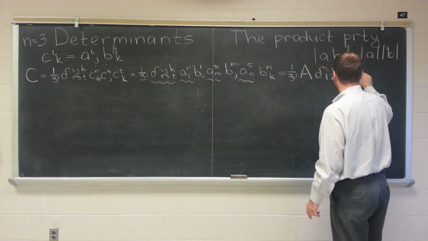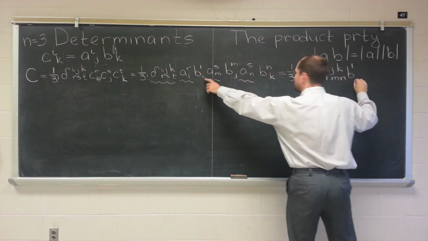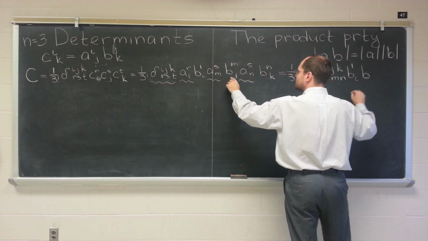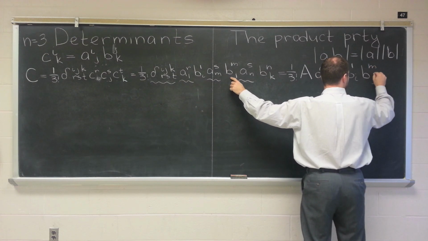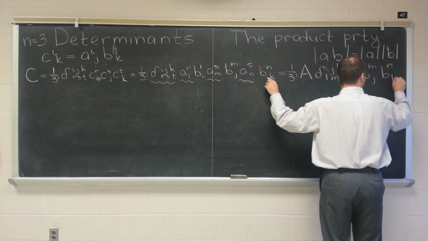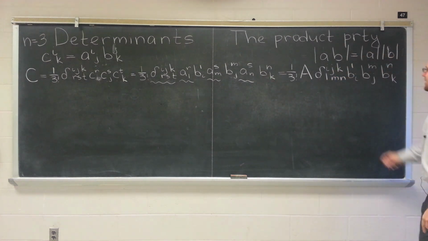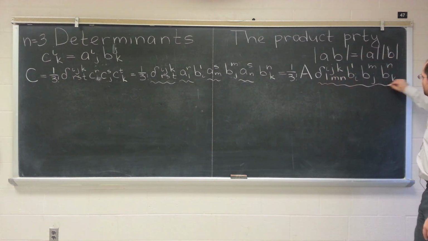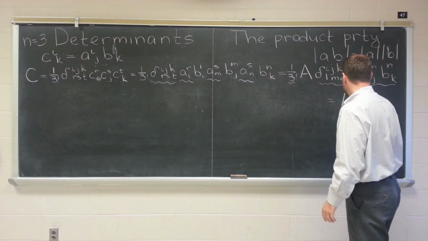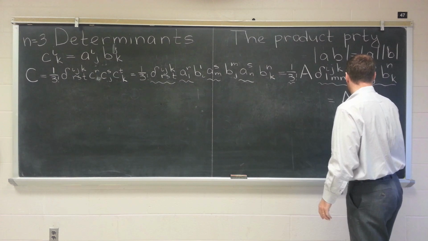B, L, I, B, M, J, and B, N, K. And of course here, what we have combined with 1 over 3 factorial is capital B, the determinant of B. So the result is AB. Almost fit.